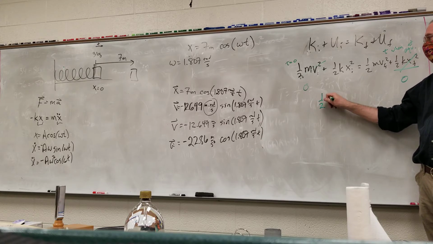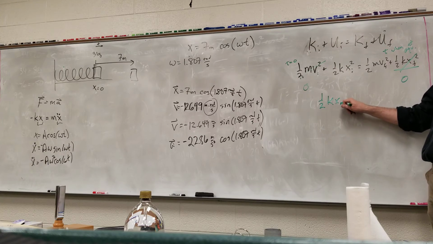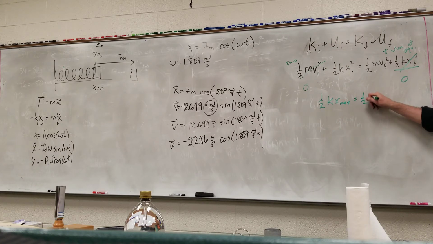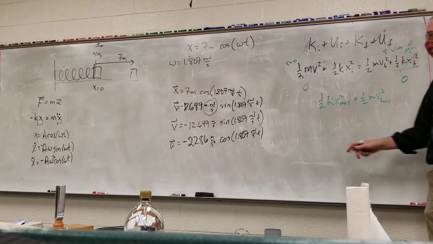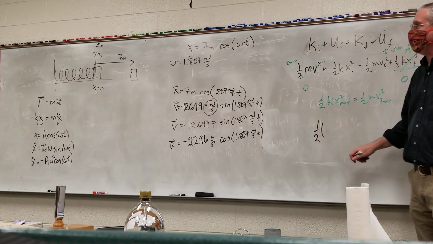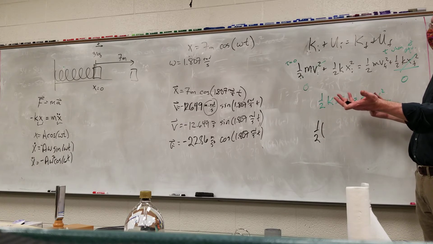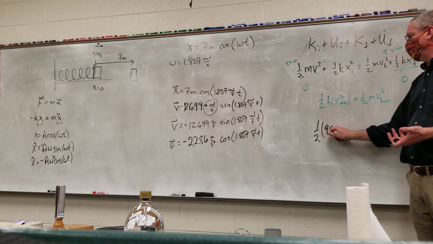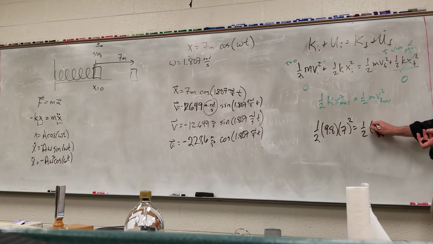So I have 1/2 K times the position, oh no, this was the maximum position, equal to 1/2 mass times V max squared. So 1/2 times K, which was 9.8, times 7 squared equals 1/2 times my mass of 3 times V max squared.